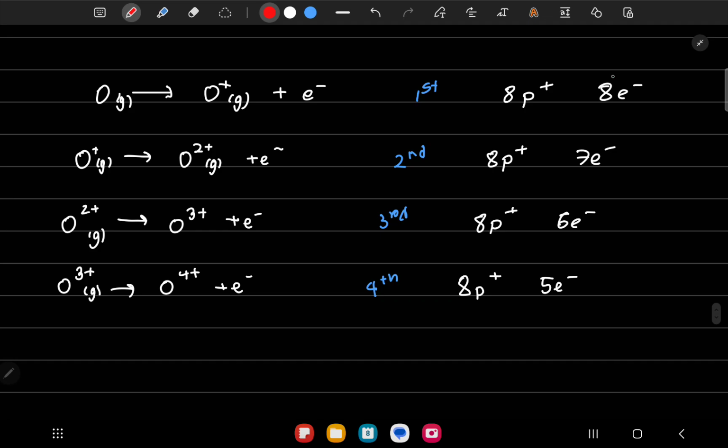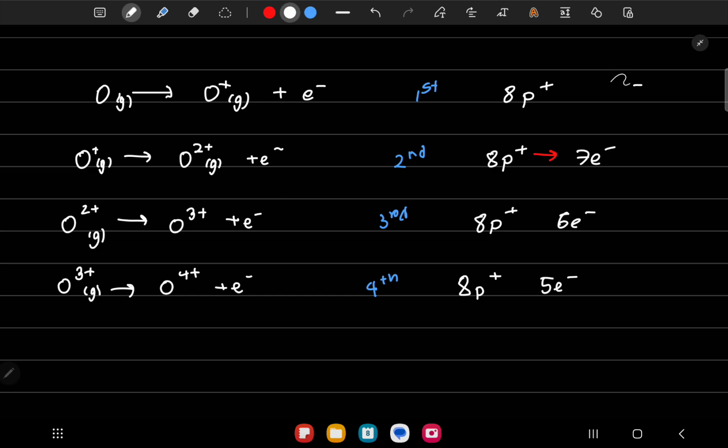Here the ratio of electrons to protons is decreasing, so there are fewer electrons for each proton, so each proton can attract the electrons more strongly.